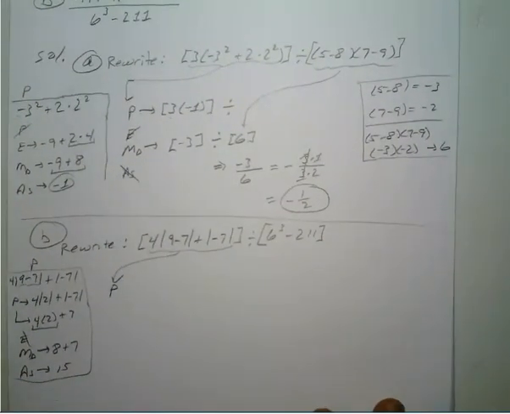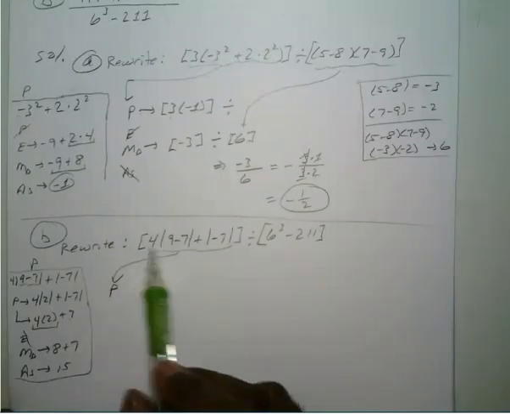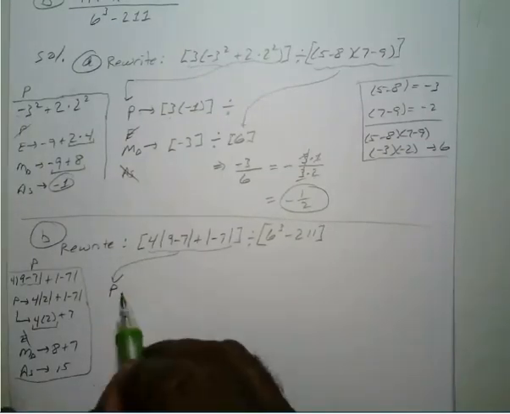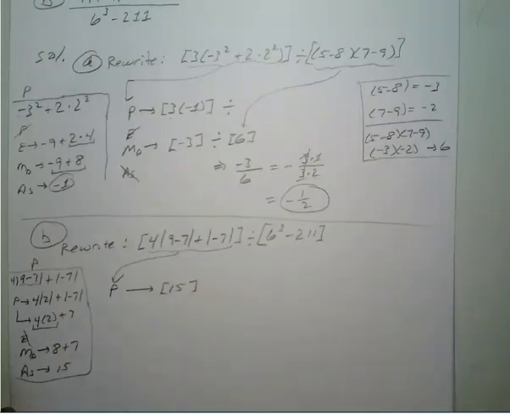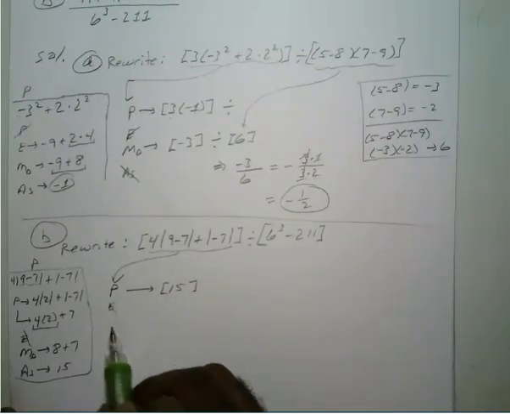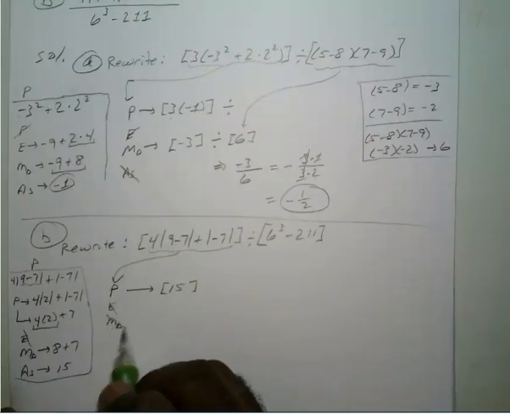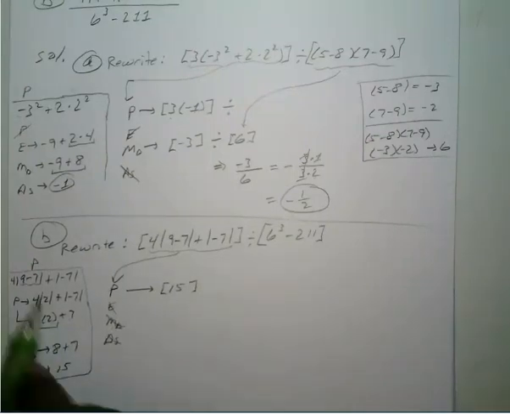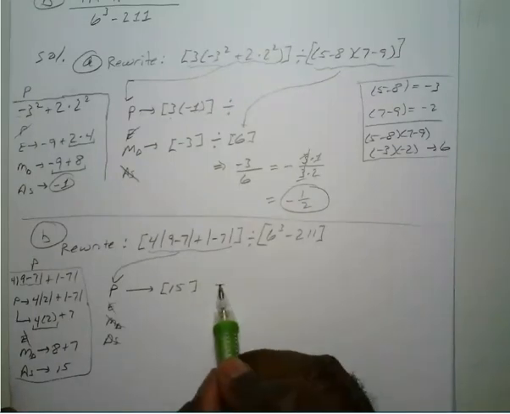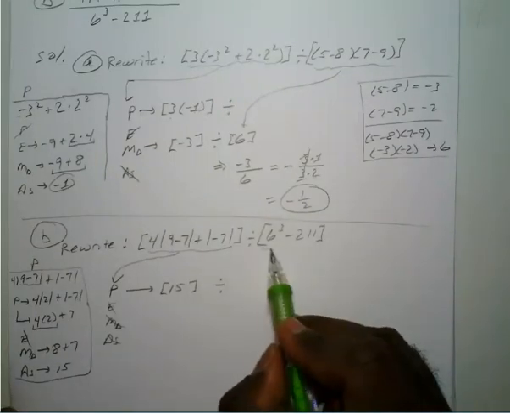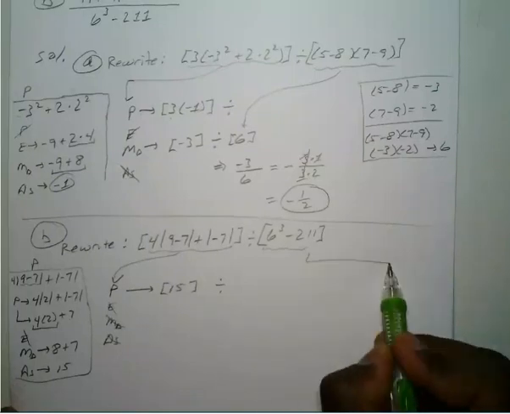Here we go. Okay, so everything here becomes 15. Okay, so we don't have any more exponents or multiplication or division or adding and subtracting. We did it all over here. Okay, so 15 divided by everything over here.